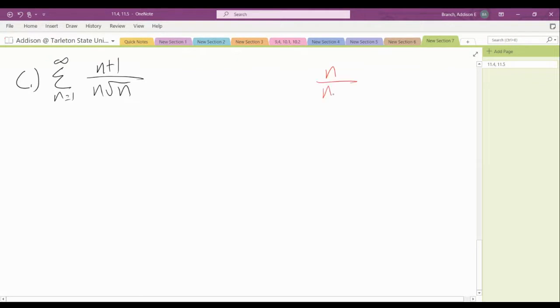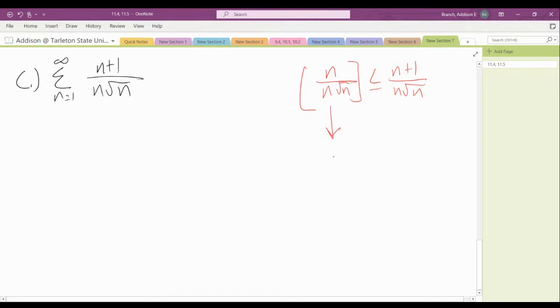n over n square root of n is going to be smaller than n plus 1 over n square root of n, because now we made our numerator smaller, therefore our full thing will be smaller. Now we can test for divergence with this piece.